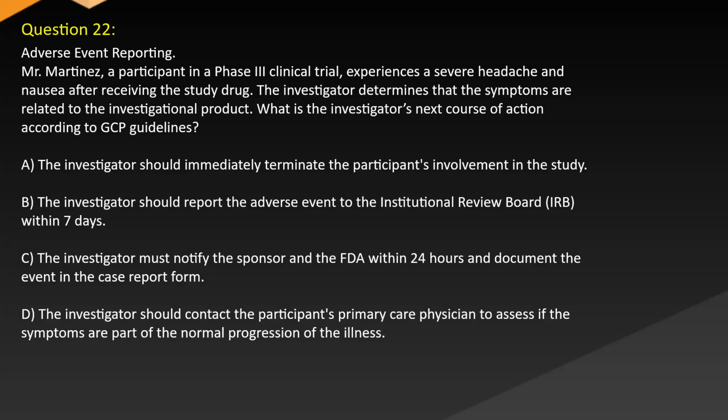B. The investigator should report the adverse event to the Institutional Review Board (IRB) within 7 days. C. The investigator must notify the sponsor and the FDA within 24 hours and document the event in the case report form. D. The investigator should contact the participant's primary care physician to assess if the symptoms are part of the normal progression of the illness.